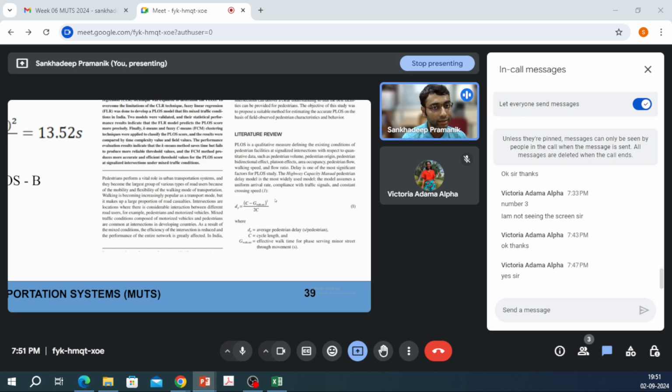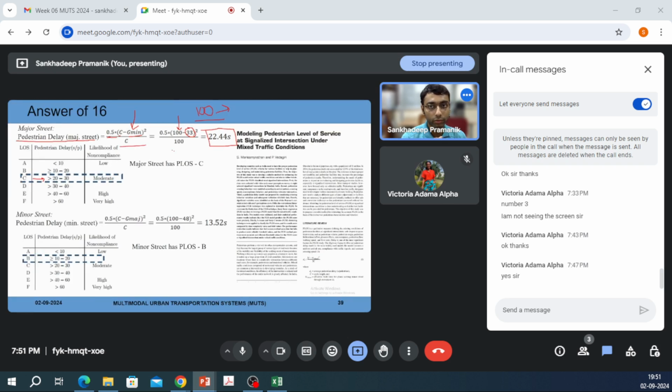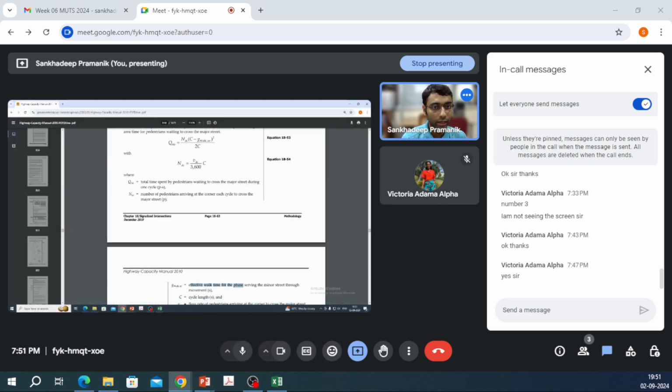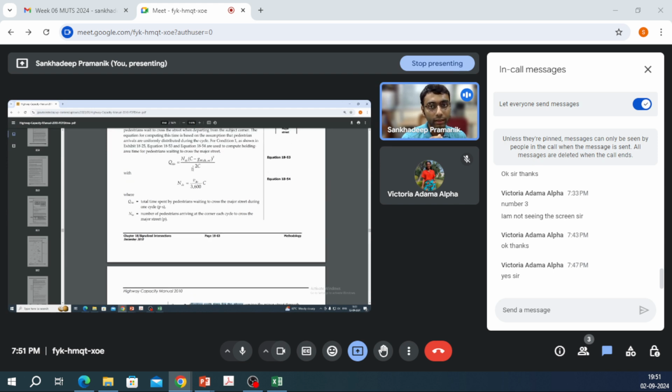So total cycle length minus the green time for the minor road, and D is the average pedestrian delay. So C minus G divided by C, and in the Highway Capacity Manual you can see it similarly, just here it is 0.5, but there it is represented by 2C, but both are similar.